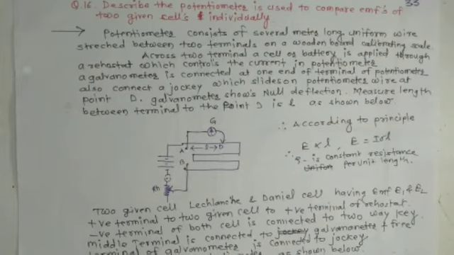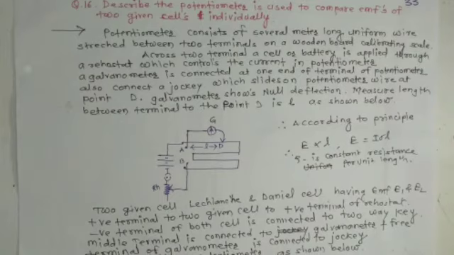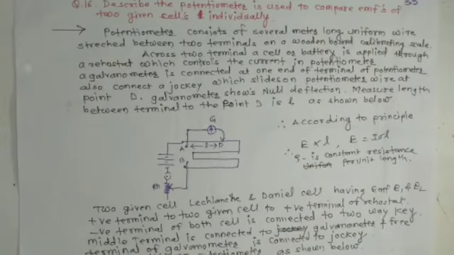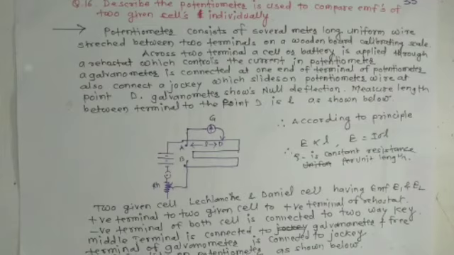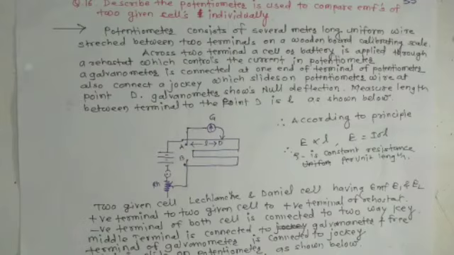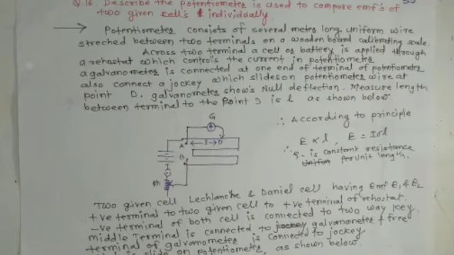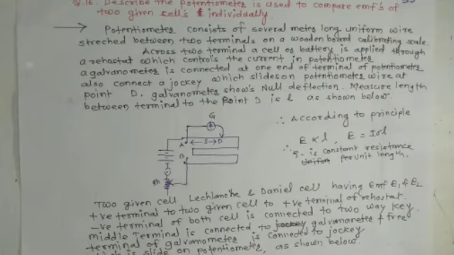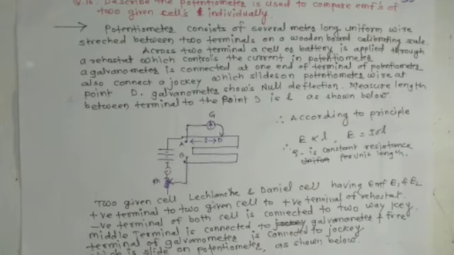According to the principle of potentiometer, EMF E is directly proportional to length L. So E equals I sigma L or I rho L, where rho is constant, the resistance per unit length. Two given cells, Leclanché and Daniell cell, have EMFs E1 and E2.